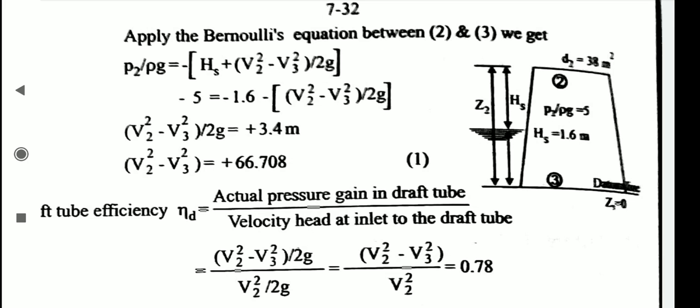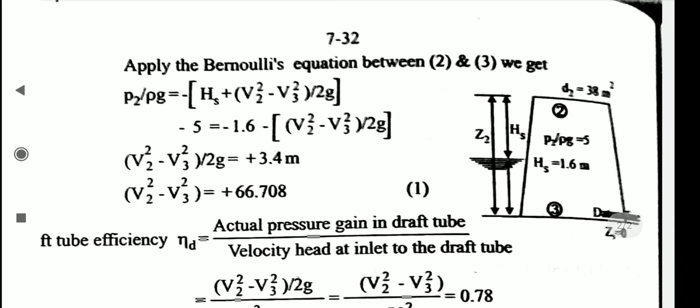Taking P2 by rho g to the left, the entire equation becomes P2 by rho g equals minus of hs plus V2 square minus V3 square divided by 2g, since two velocities are there.